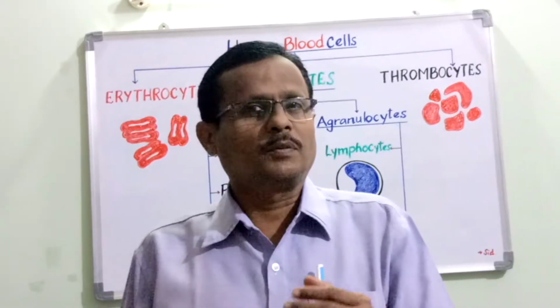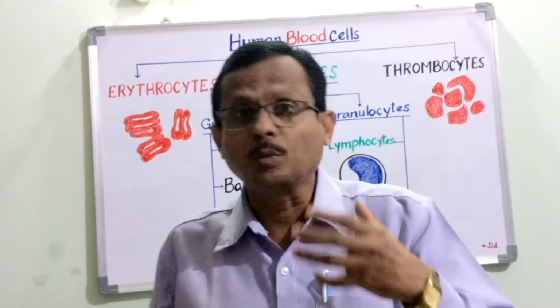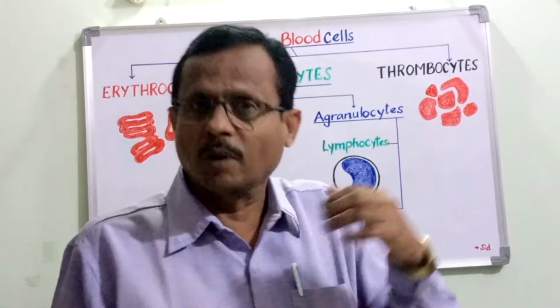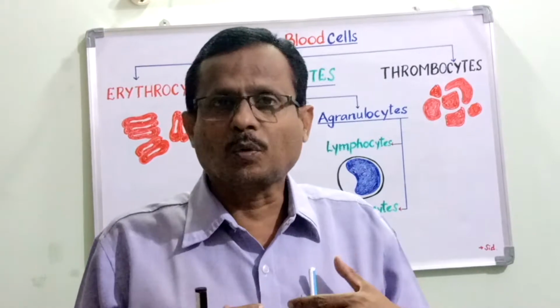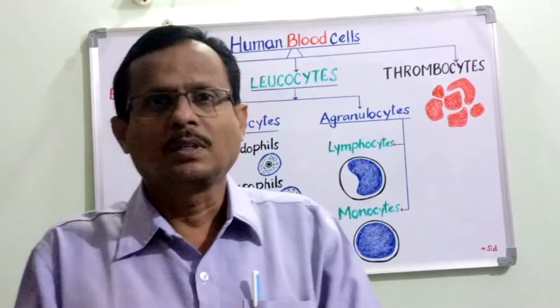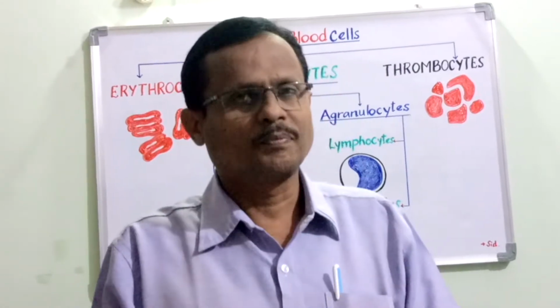Today we are going to deal with the most important fluid mass of tissue present in the human body, that is blood. As you know pretty well, our body requires a transport system. Blood is the medium of transportation along with lymph.